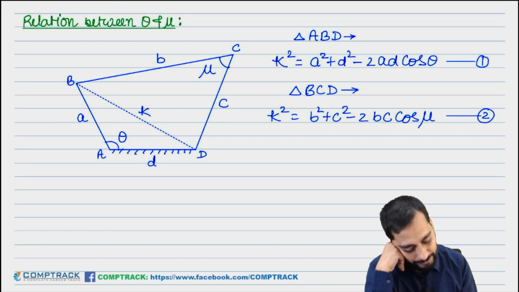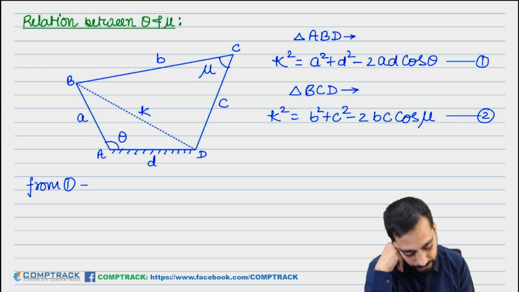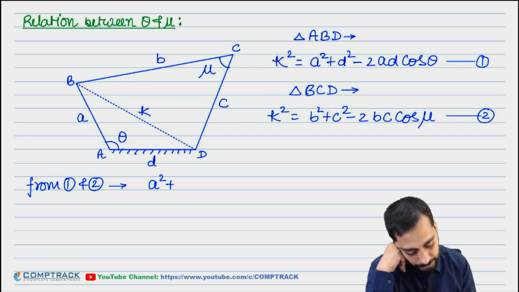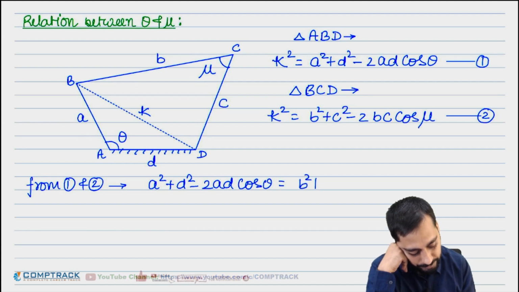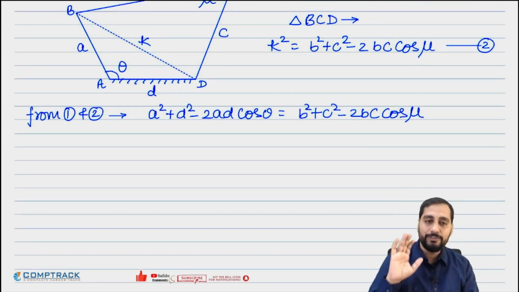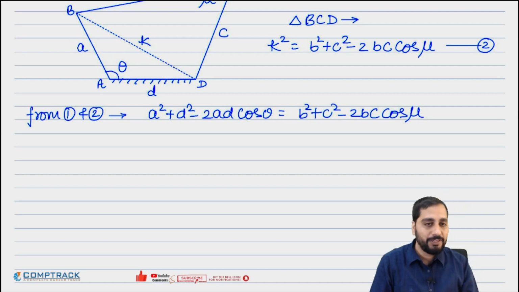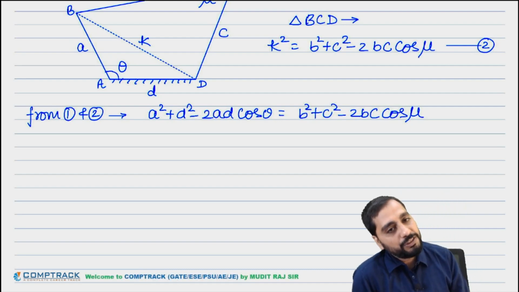So from equation 1 and equation 2, what can you write? Both K squares will be equal, so A square plus D square minus 2AD cos theta equals B square plus C square minus 2BC cos mu.